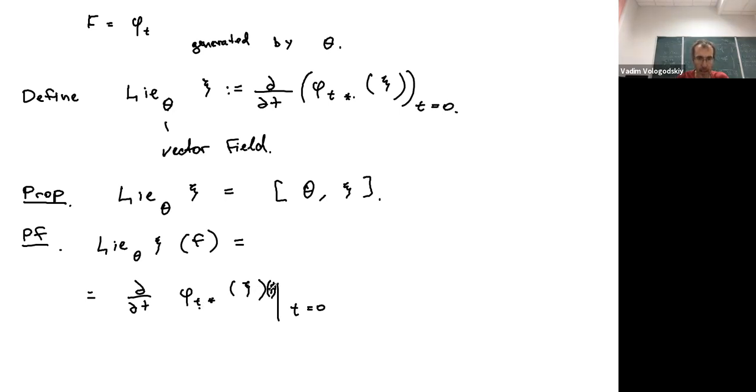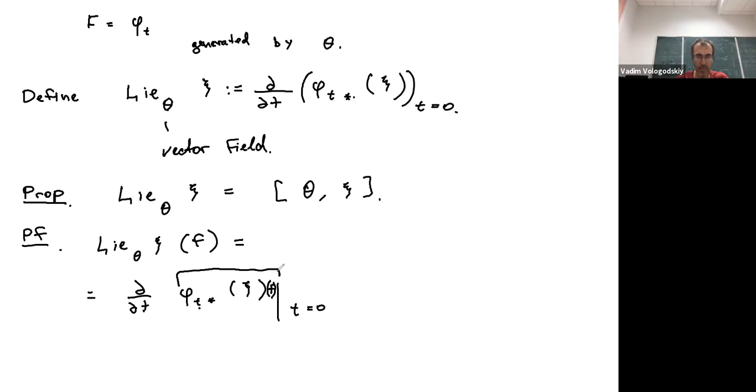We now get a function on M times R, which is defined actually for small t only. It's defined on this open set U in M times R. And then we differentiate this function in t and plug in t equals 0.